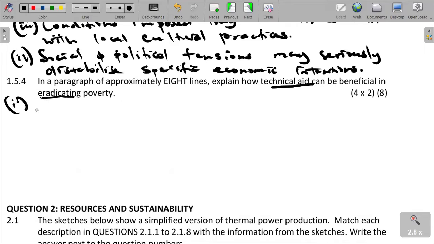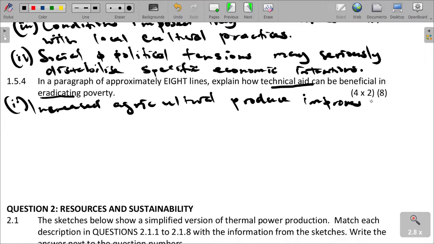So one, we can talk about increased agricultural production contributing to food security. Increased agricultural production can help to improve food security.